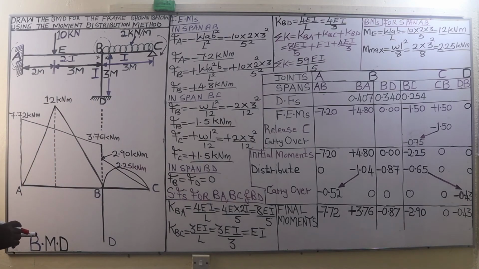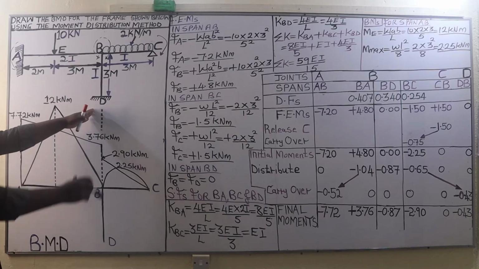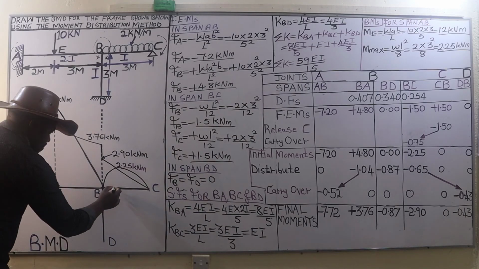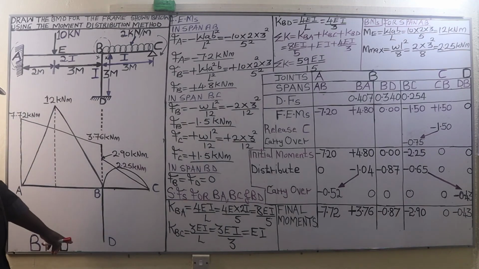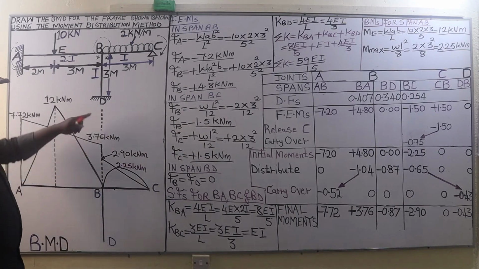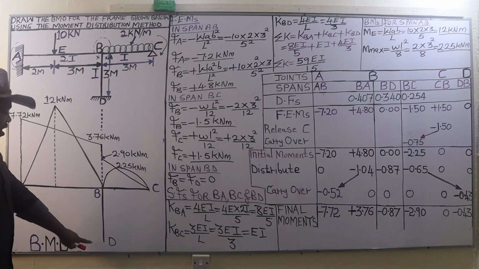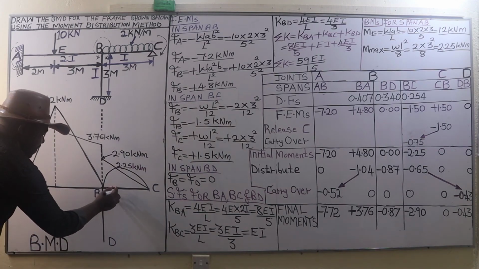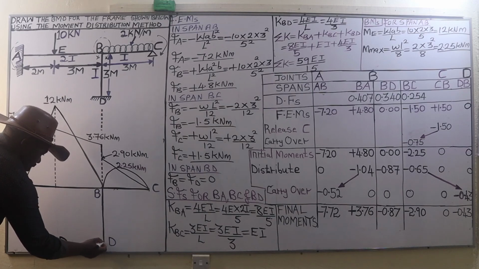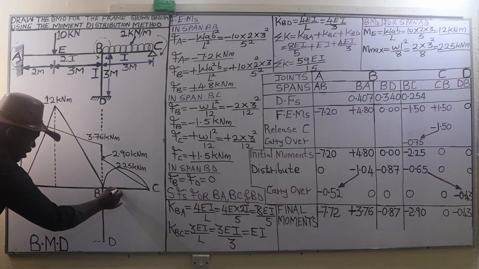Then from there we have the bending moment on the span BD, which is 0.87, say approximately that point. Then on DB, at joint D we have 0.43, let's say about that point. So we are going to join this 0.87 to 0.43.